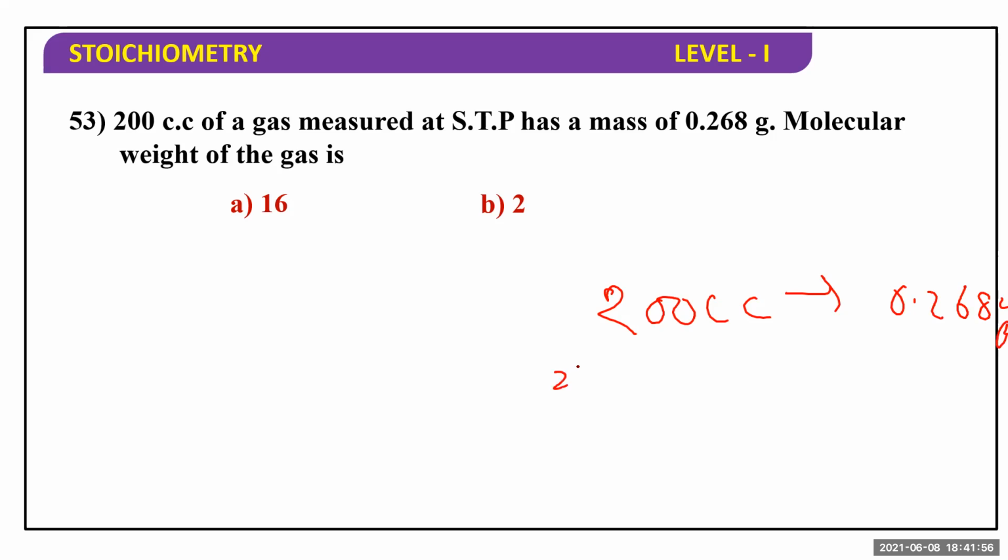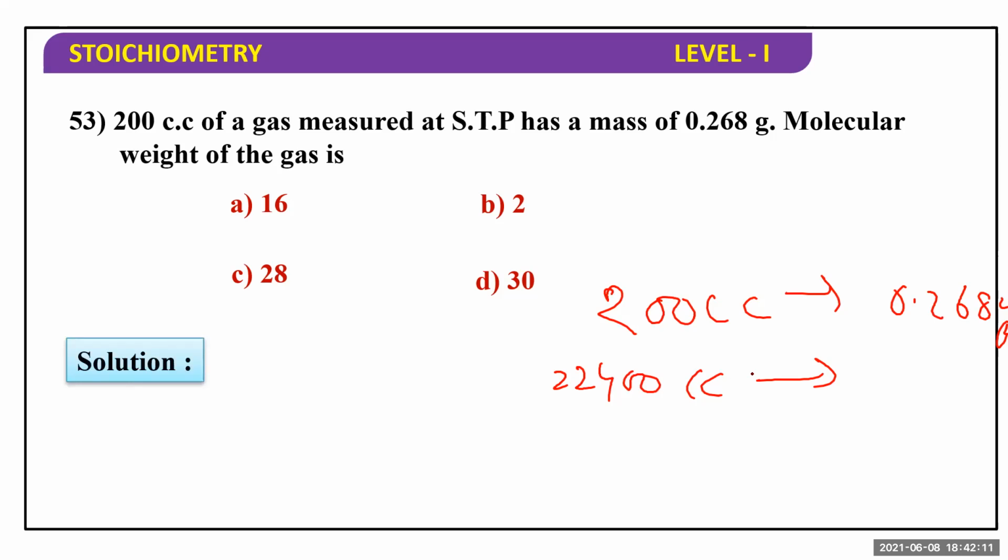Then 22400 cc means the number of grams is, in this way you can calculate. It will be the molecular mass. So 22400 cc means 30 gram. Clear? So molecular weight of the gas is 30 gram.